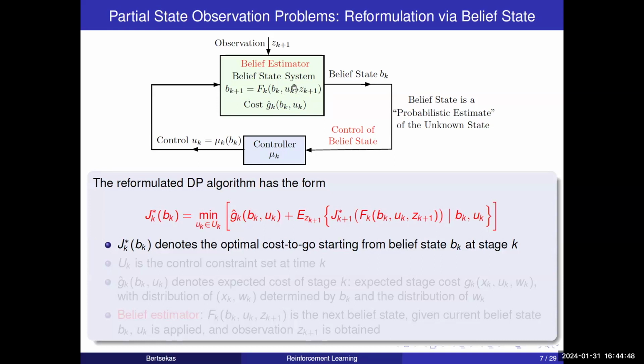So by some form of Bayes' rule, some kind of inference equation, you can write down this system, the estimator. Now, I'm not saying that this is easy to write down, but in principle, it exists. And we can also consider the cost of a transition to be the expected value, the believed cost, the expected value of the cost based on the belief state that we are in right now.